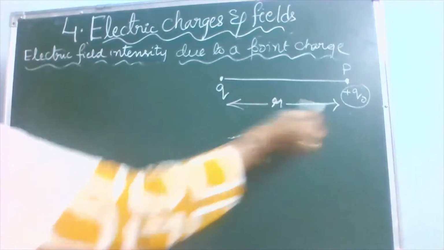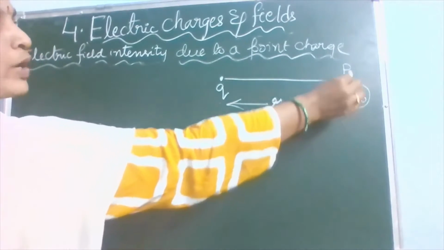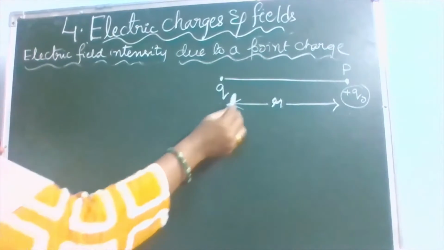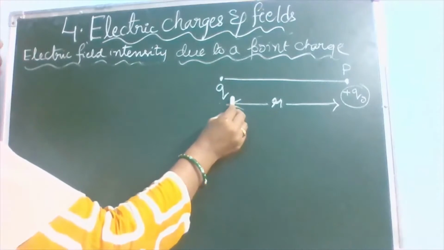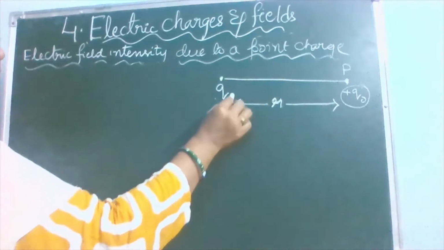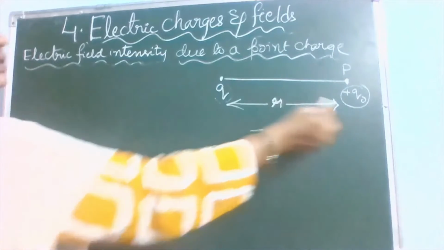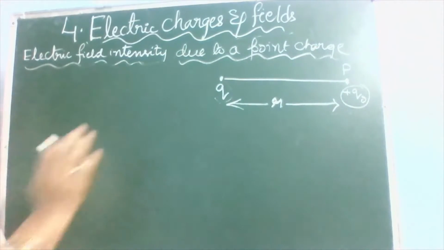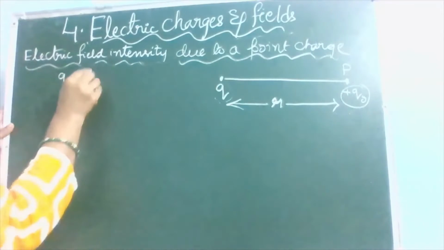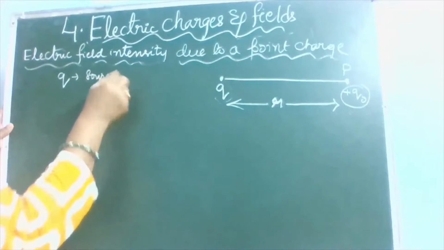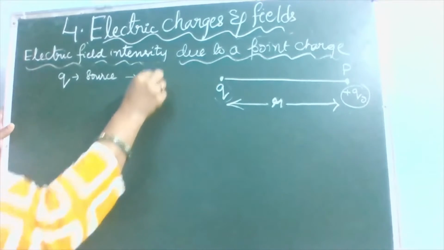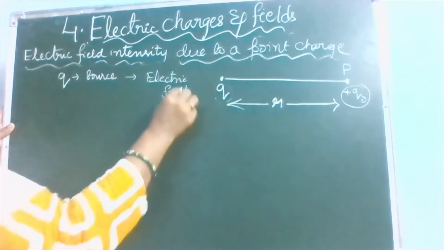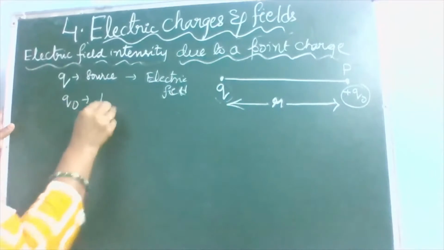The test charge is placed at a point P at a distance R from Q. We have to calculate the intensity of the electric field produced by Q on this test charge. So Q is the source producing the electric field, and Q naught is the test charge.